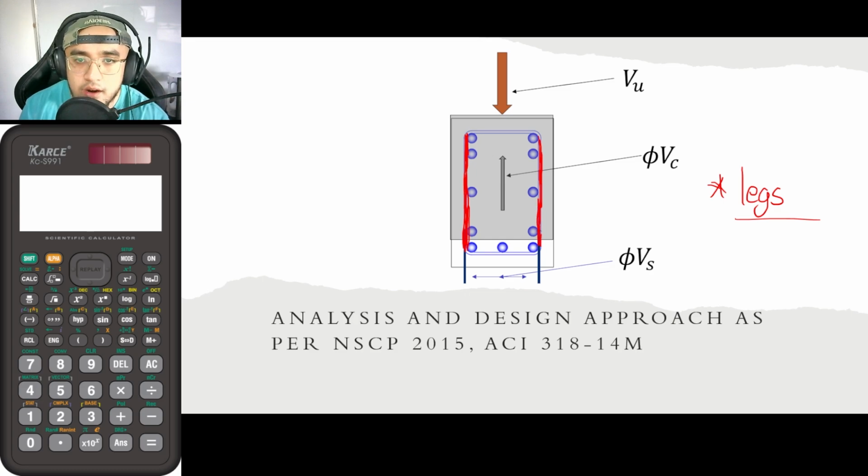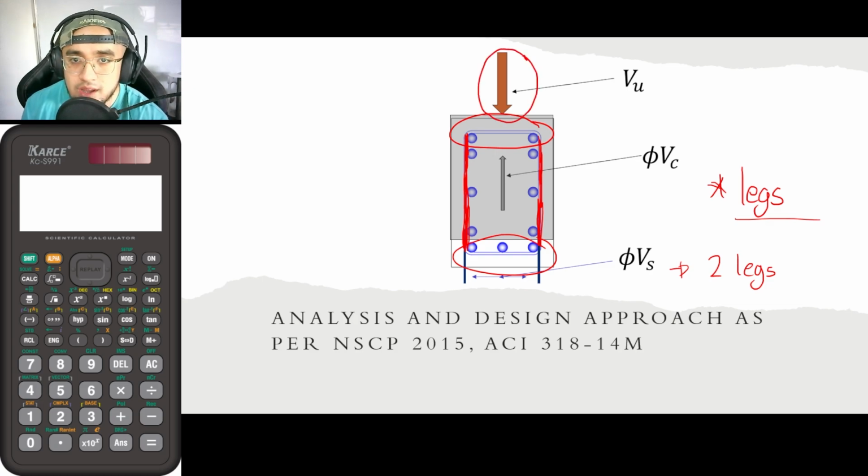So in this particular figure, we have two legs. What about this and this? If our shear force is located here, according to our computation, it is assumed that this leg and this leg do not help in withstanding this particular shear, unless, of course, our shear is oriented in this direction.